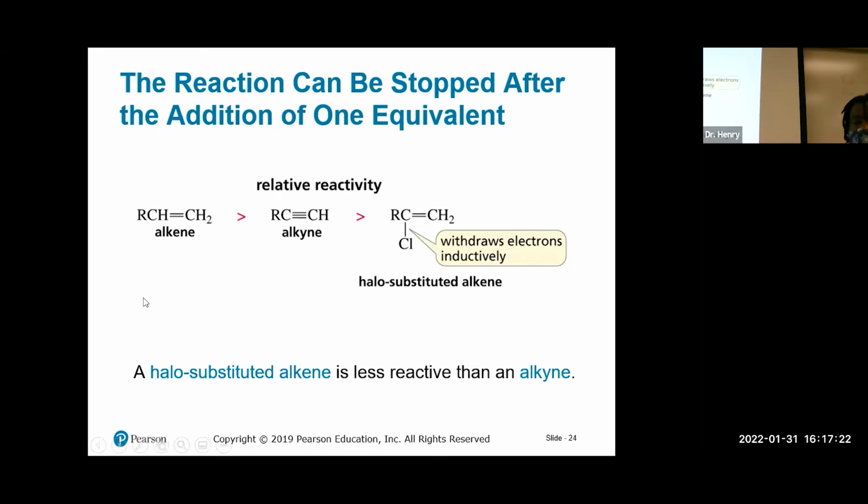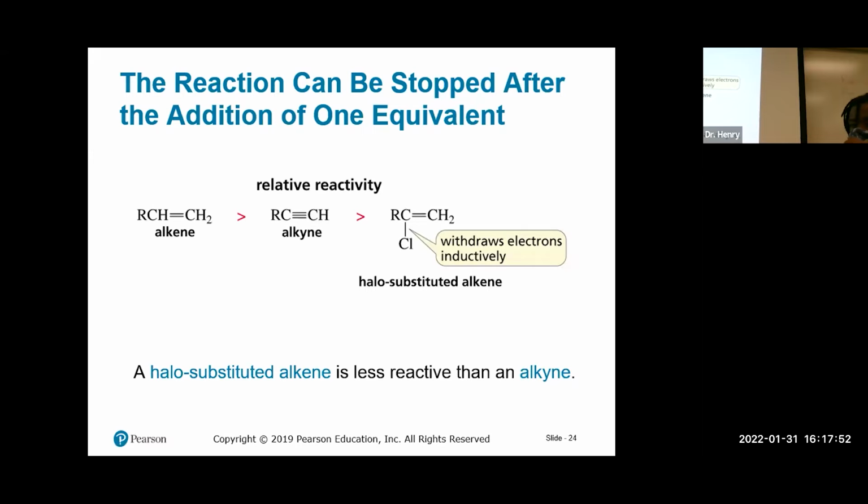So in terms of relative reactivity, alkenes are going to be more reactive than the alkyne, which is going to be more reactive than the substituted alkenes. Okay.